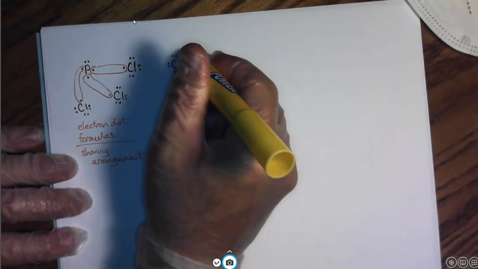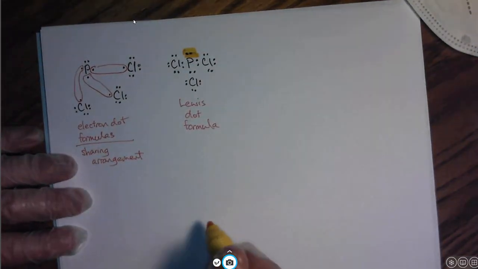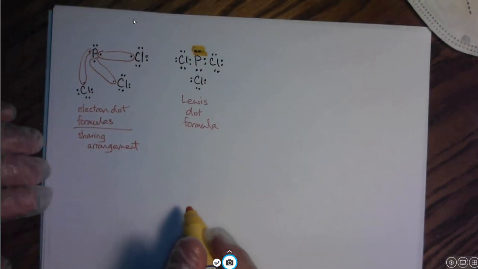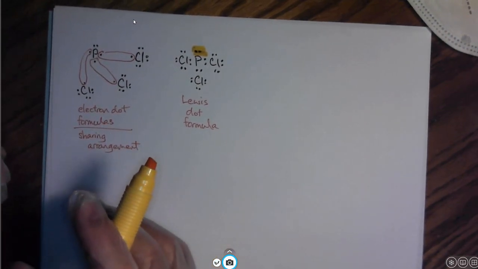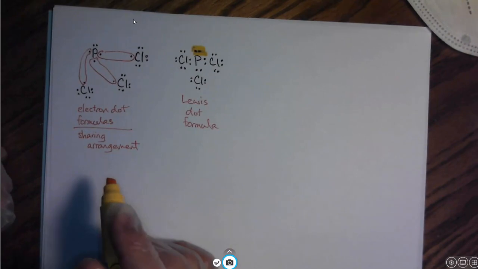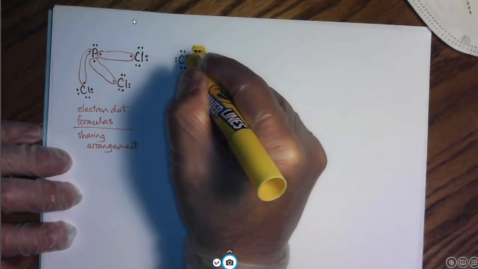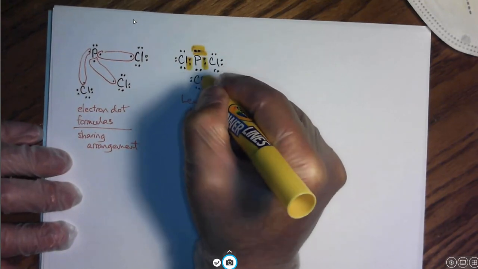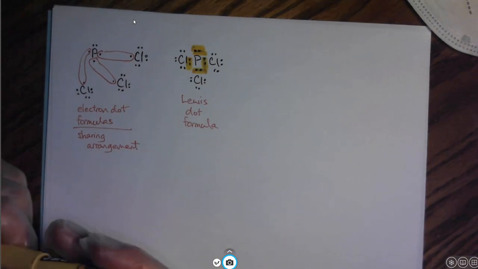Well, this is a lone pair right here. So that's one set right there. The other category are all the groups of electrons shared between two atoms. So I have three of those sets. I've got a set here, and a set here, and a set here.